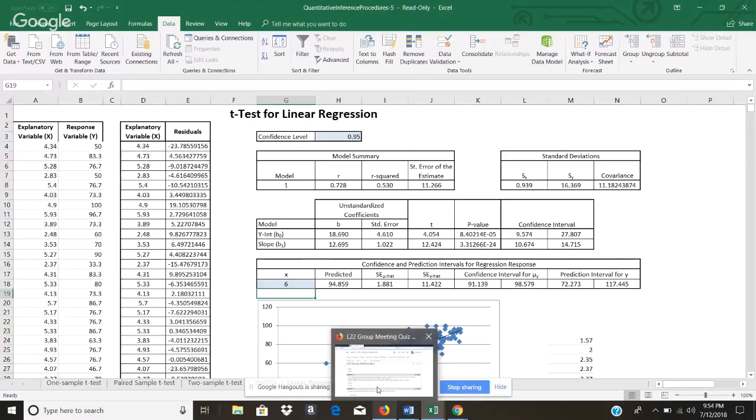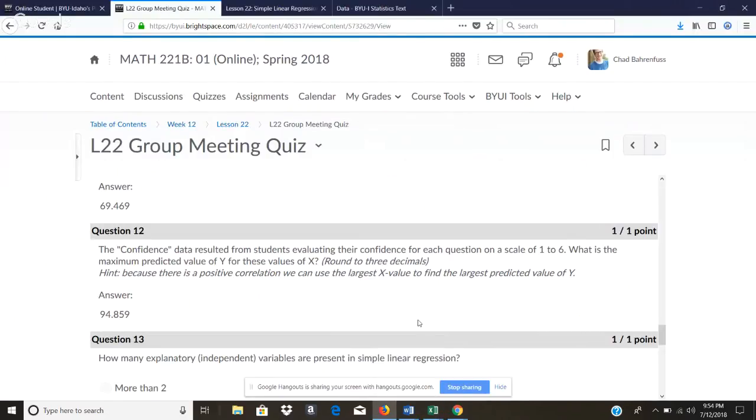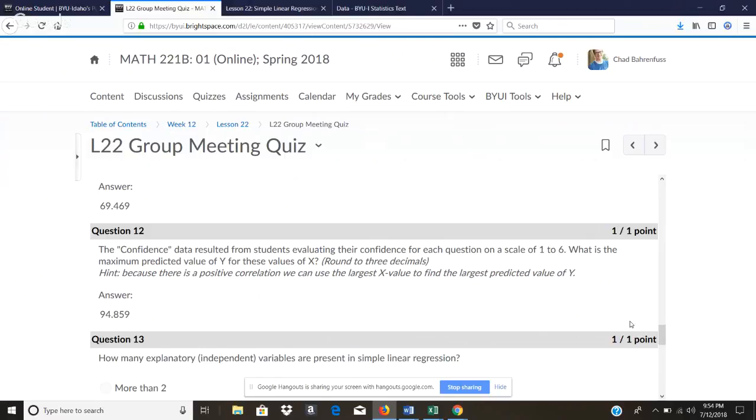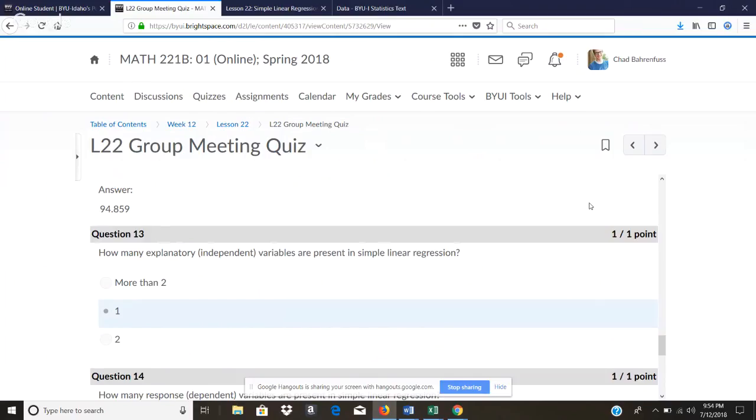It said on a scale of 1 to 6, and they wanted the largest x value, which was 6. I was like, oh, okay. That makes sense. There is a positive correlation, so the largest x gives the largest predicted value. Okay. Yeah. I'll put right here x6, x4.